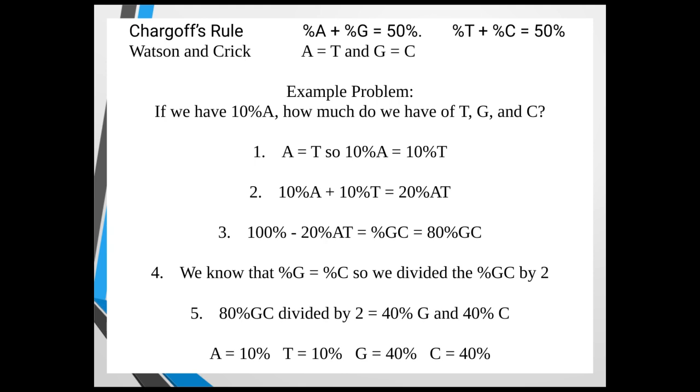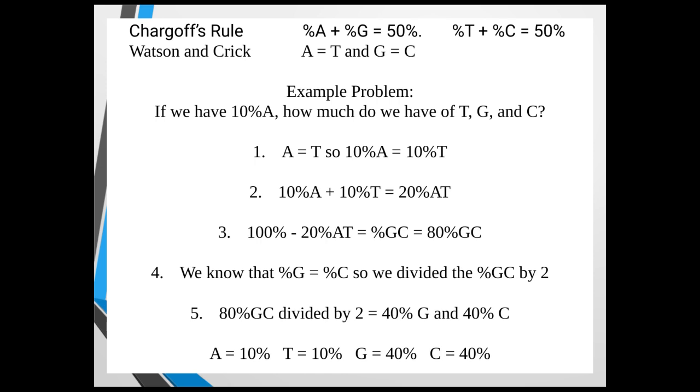So we have 80% of the guanine cytosine pairing. We know that guanine and cytosine equal each other, just the same way that adenine and thymine equal each other. So we have to divide that amount by 2. So 80% of guanine and cytosine divided by 2 is 40% guanine and 40% cytosine.